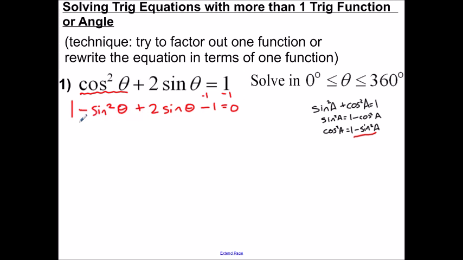So at this point, I'm going to combine the like terms. I see a 1 minus 1. Those are gone. And I've got negative sine squared theta plus 2 sine theta equals 0. I don't really mind the negative there, but it'd be more familiar if it weren't. So I'm going to multiply everything by negative 1, just to get that leading coefficient positive.